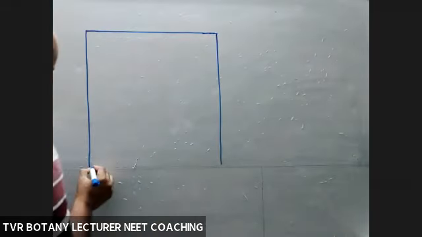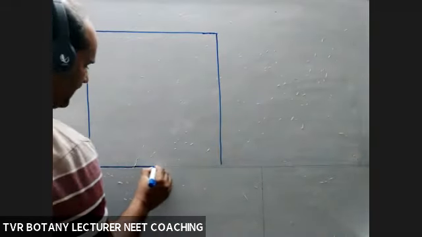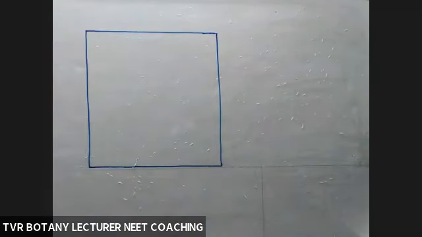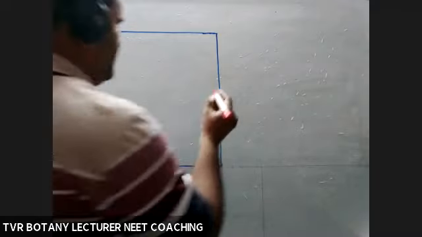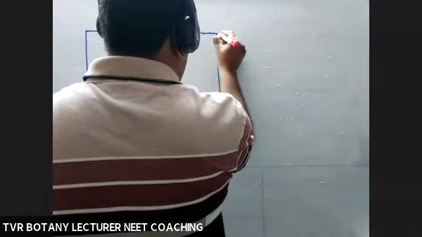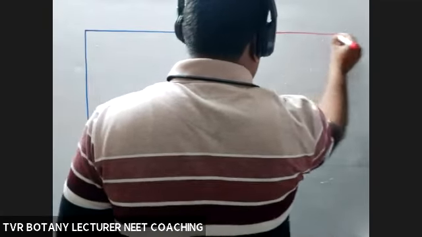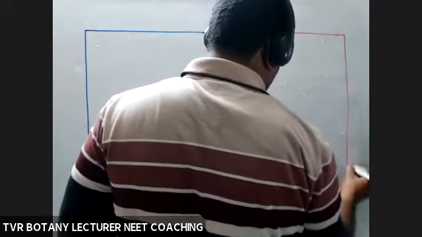What is the term mesophyll? Specialized parenchyma. In dicots, it is clearly differentiated into palisade parenchyma and spongy parenchyma. In the case of monocots, it is monomorphic with only one type, generally spongy parenchyma.